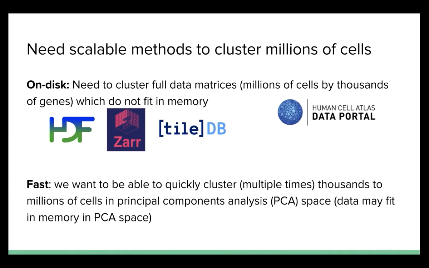In addition to working with data on disk and in memory, we also want these algorithms to be fast. For example, we want to potentially cluster millions of cells in maybe a low-dimensional space, such as principal components analysis space. And maybe we want to do this multiple times. So for example, if we're using the clustering algorithm k-means, we would need to rerun this algorithm multiple times for different k.